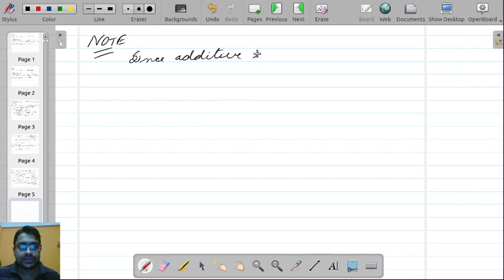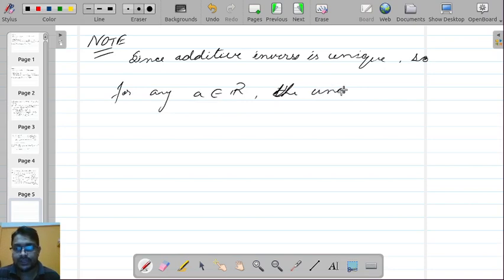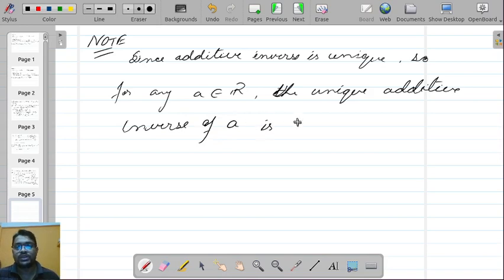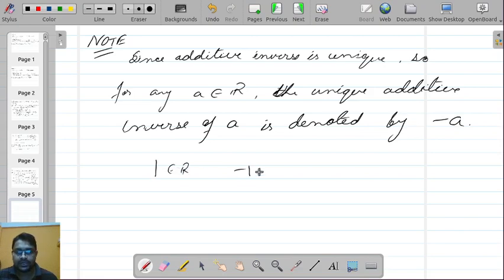So for any A inside R, the unique additive inverse of A is denoted by minus A.